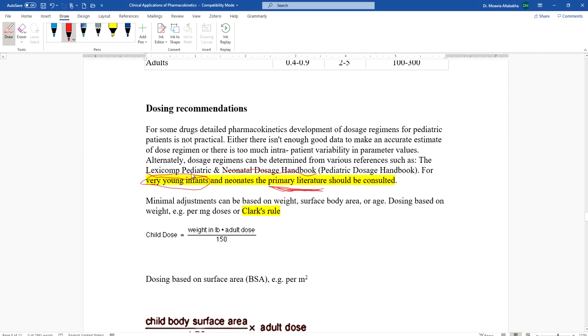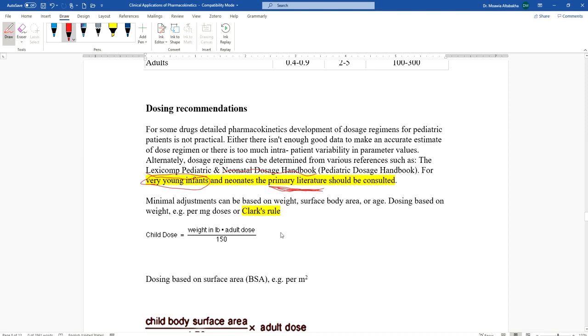Once the child goes above 1 year of age, once the infant passes 1 year, it will usually be possible to adjust the dose of the drug based on the adult's dose.